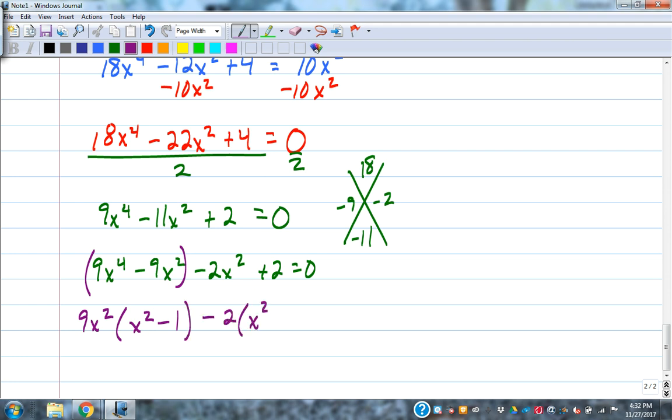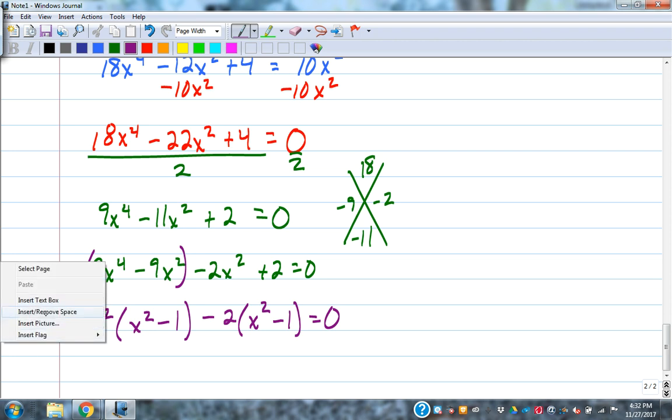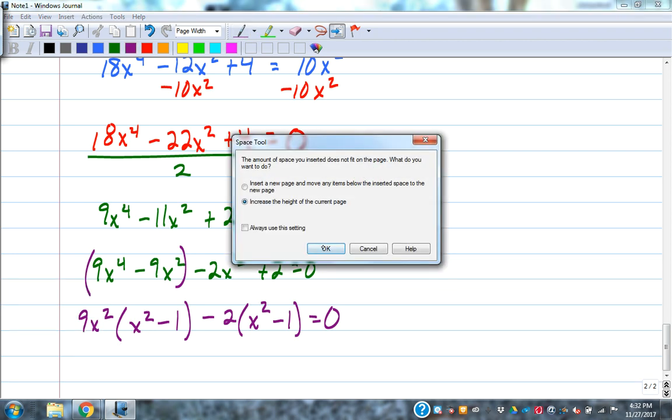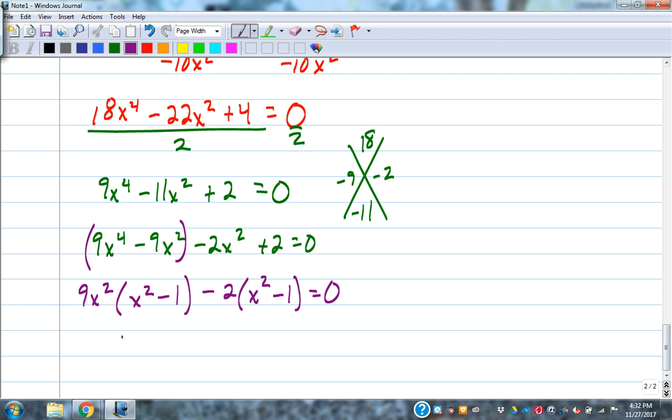That leaves x squared minus 1. So my factors are then x squared minus 1 and 9x squared minus 2. And I set each of those factors equal to 0 and solve them.